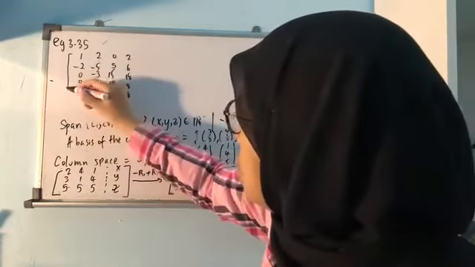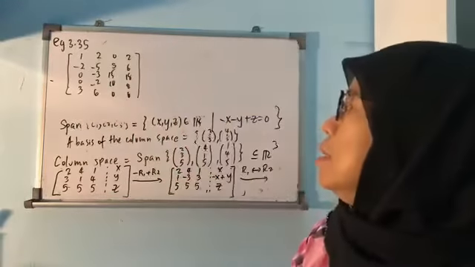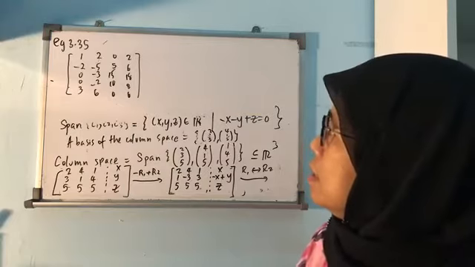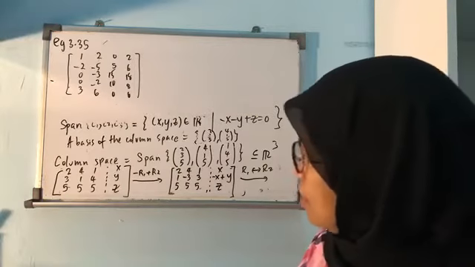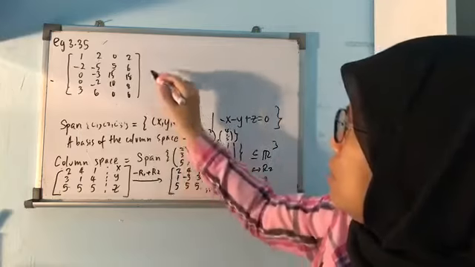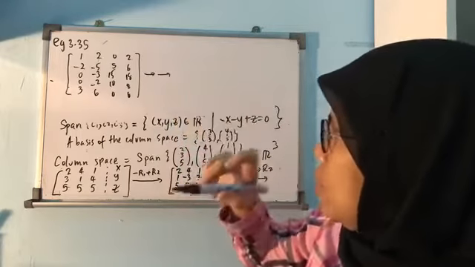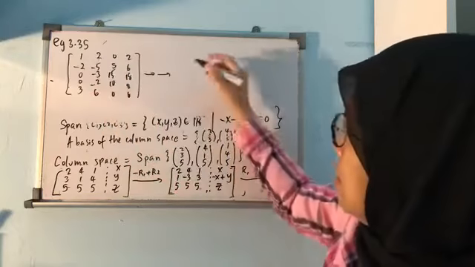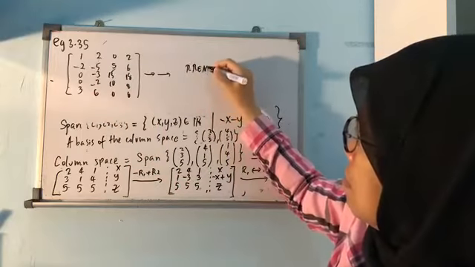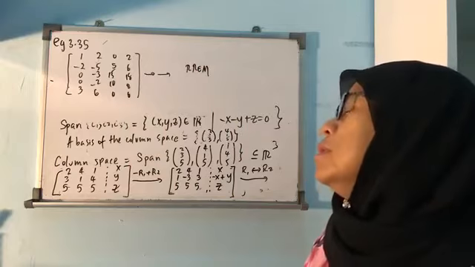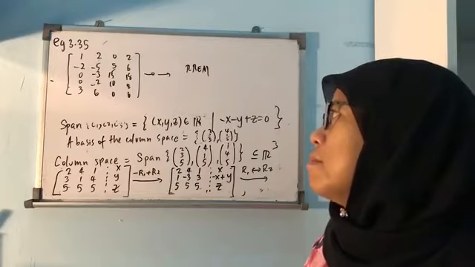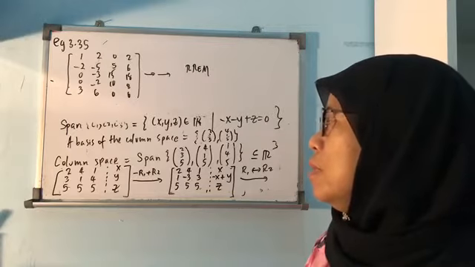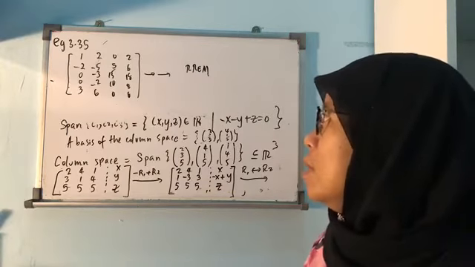Okay, before, if we are given these as vectors in the set S, we write as column, and then we reduce, right? We reduce until supposedly RREF, and then we choose the column that has the leading one.